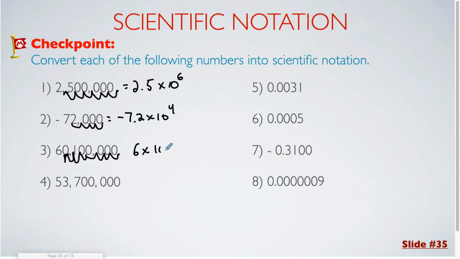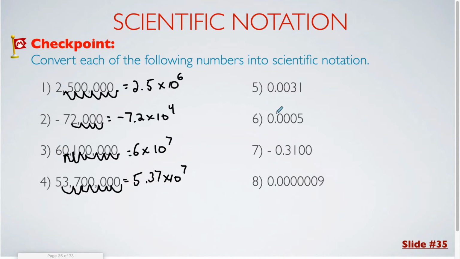So 6 times 10 to the 7th power. For number 4, we're going over 1, 2, 3, 4, 5, 6, 7 spaces. So 5.37 times 10 to the 7th power.